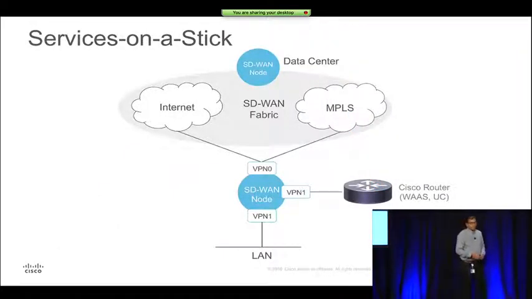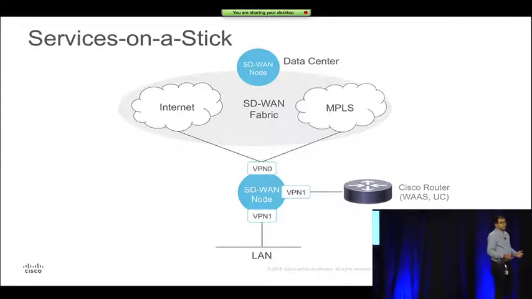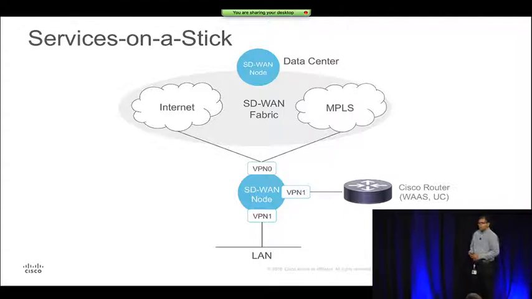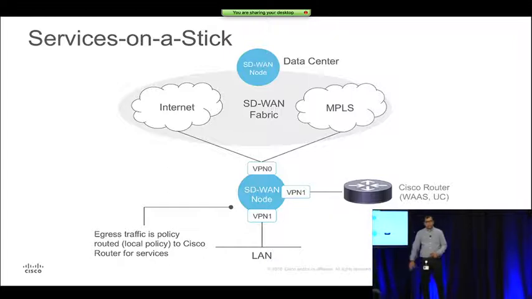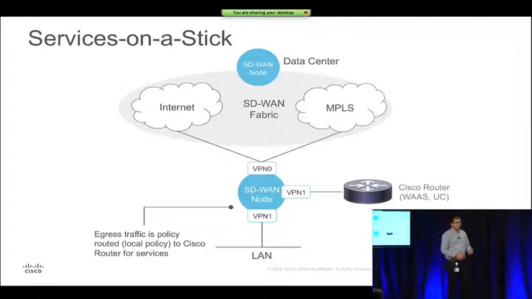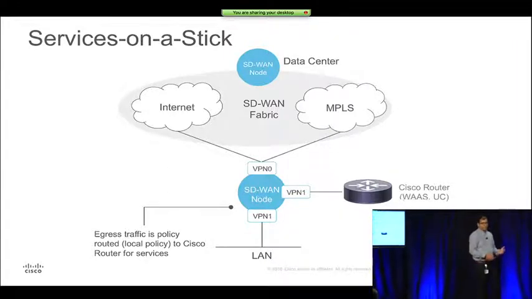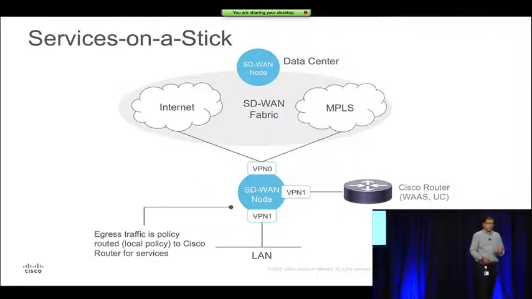Now, another scenario is, let's suppose there are any services that you are hosting, which could be WAS or UC type services. If you want to integrate that, we need to attract the traffic to VPN 1, and we need a way to do a PBR type scenario where we push all that type of traffic to the WAS.